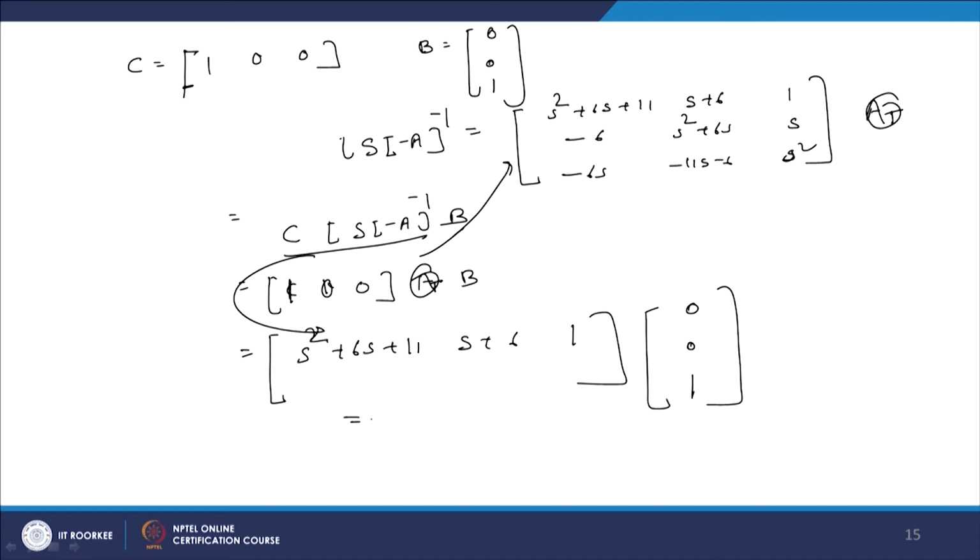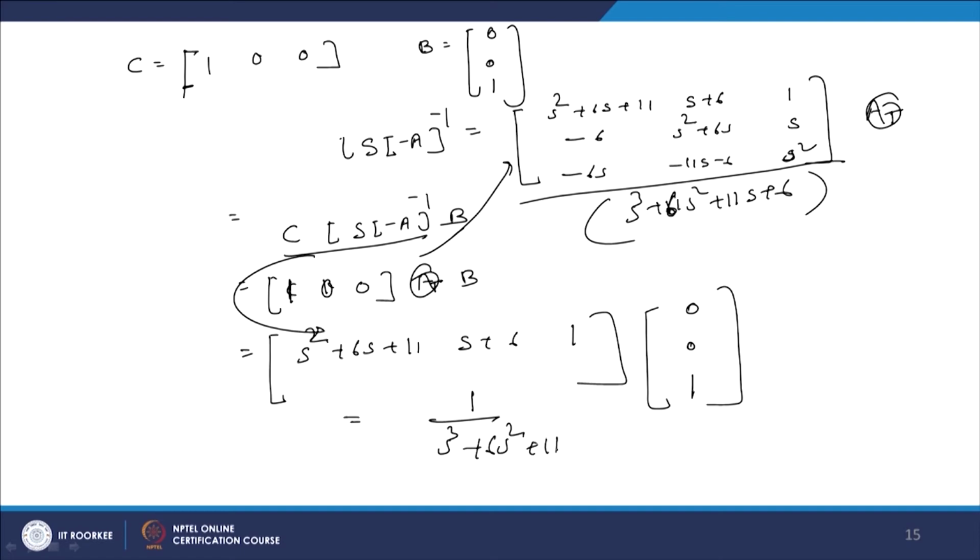We will get 1, and here sI minus A inverse is nothing but adjoint, but it will be divided by the determinant. And what is the value of the determinant? It is s cube plus 6s square plus 11s plus 6. So, here we got 1 upon s cube plus 6s square plus 11s plus 6, that is G(s) we have got like this.